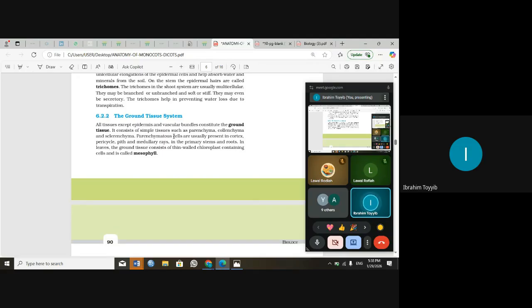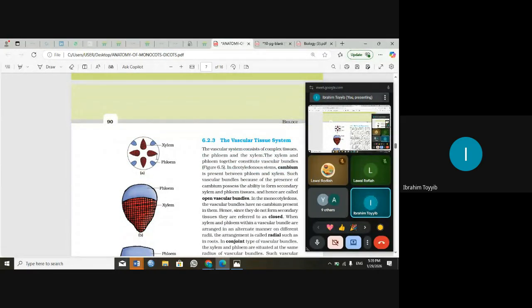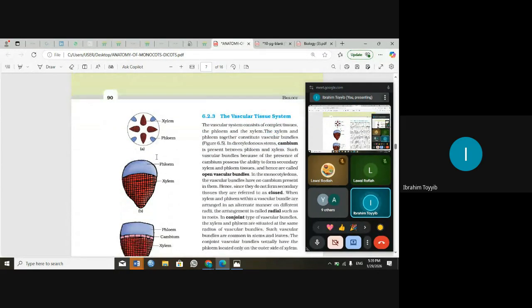The parenchymatous cells are usually present in the cortex, pericycle, pith, medullary rays, like that. In the primary stem and roots. In the leaves, the ground tissue consists of thin-walled chloroplast-containing cells, which is called mesophyll.